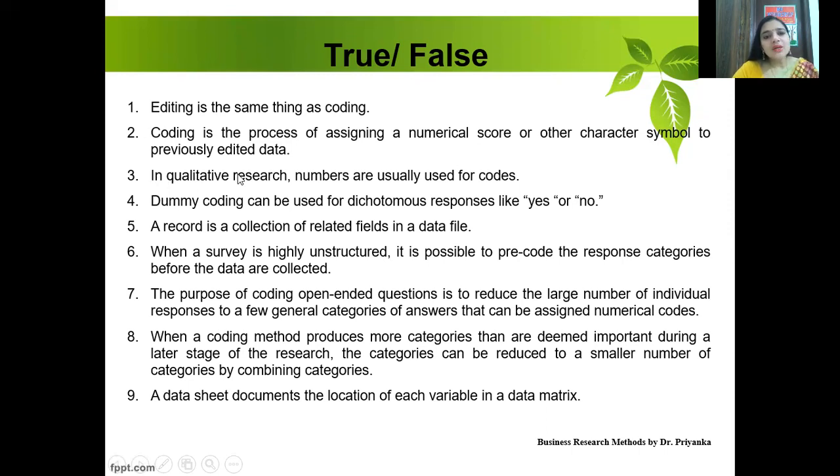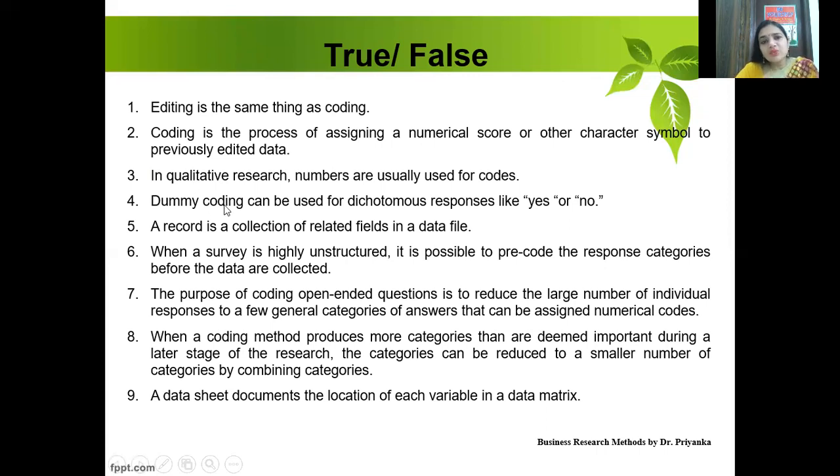Third is, in qualitative research, numbers are usually used for codes. Is it? How will you code the data in case of qualitative research? You will be using numbers in all the researches, in qualitative research as well as in quantitative research.